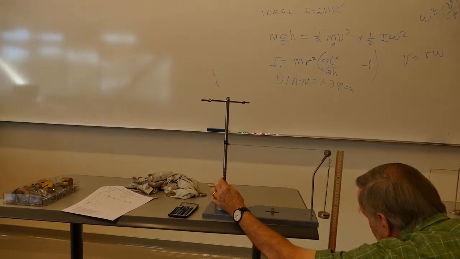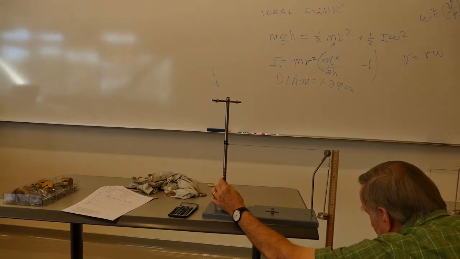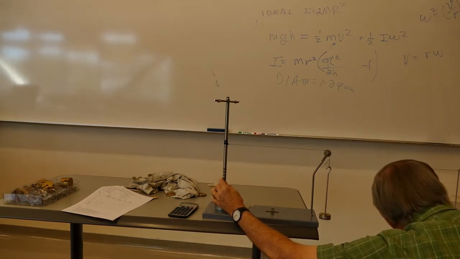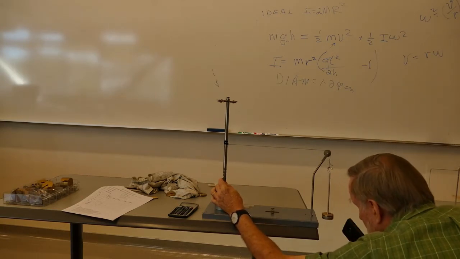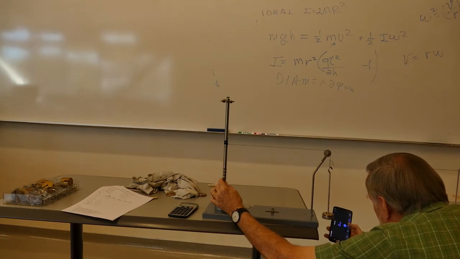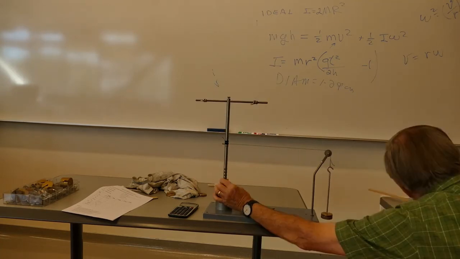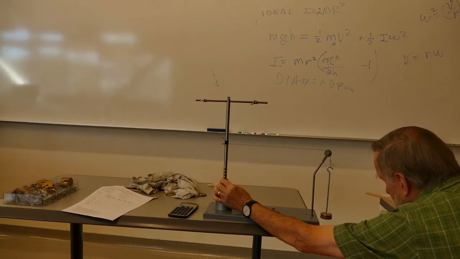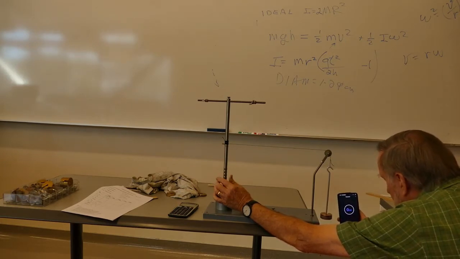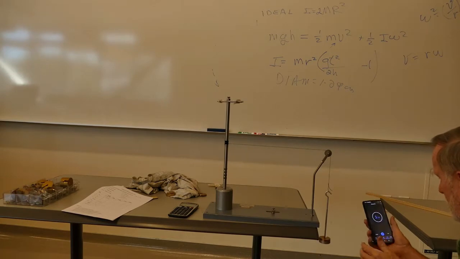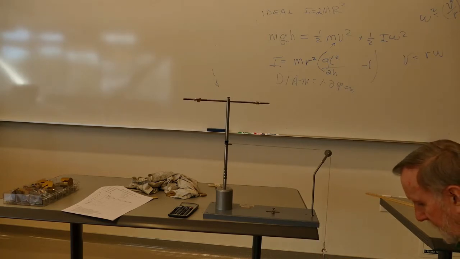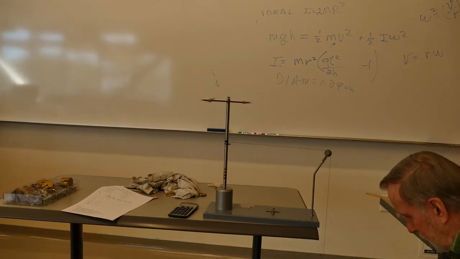Starting at 75 centimeters. Probably blocking your view here. Sorry about that. And I'll release, start the stopwatch. This is how labs really go. And start. I'm going to be really careful. Stop it just when it touches the ground.